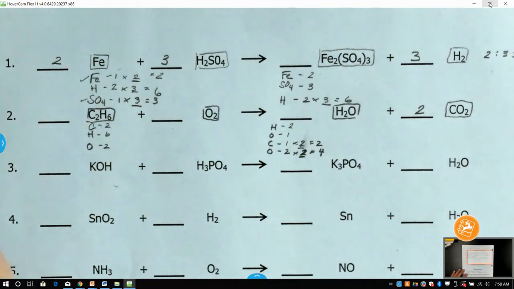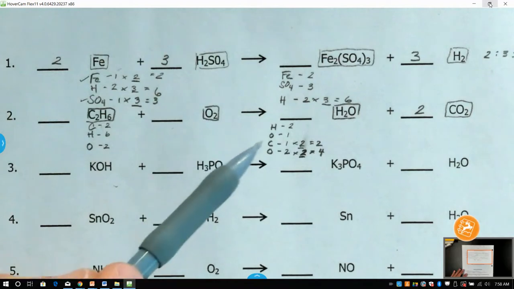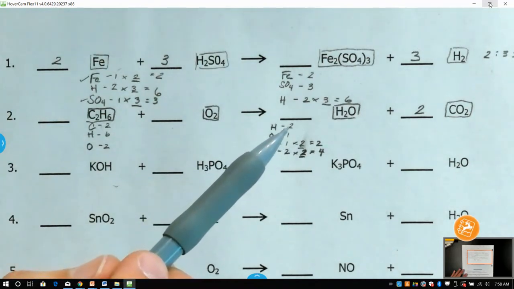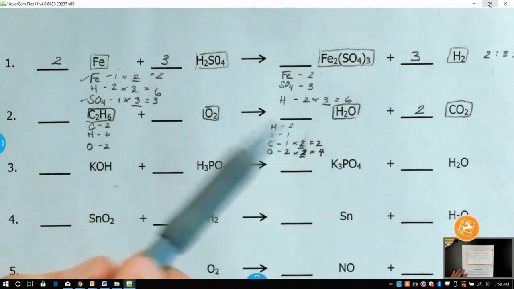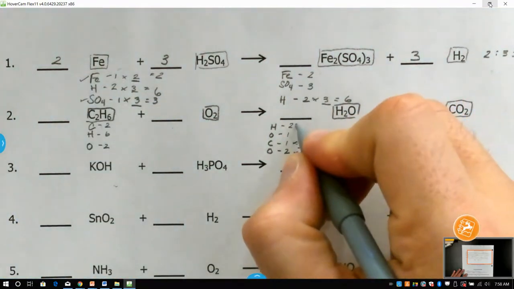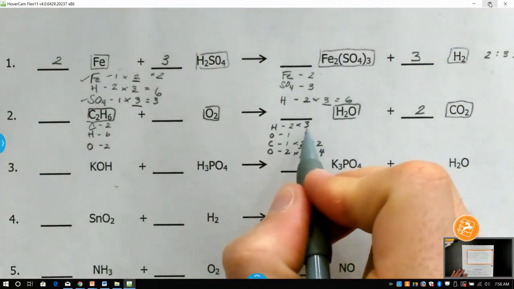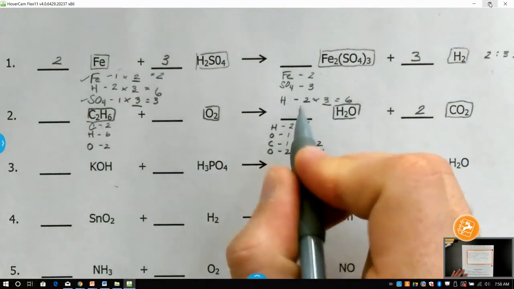So let's go with the hydrogen next. If we have 6 on the left side and 2 on the right side, how do I get these two to equal a 6? You're going to multiply it by 3. I underline what I multiply it by because that becomes my coefficient.